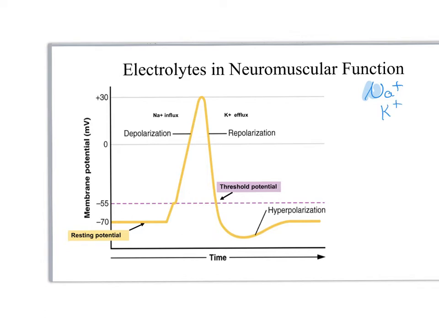Calcium is also involved, but that's a little bit later in this process within the muscle cell, if you're doing skeletal muscle, but then it's a lot more involved in cardiac muscle, and we'll talk more about that in a second, okay?